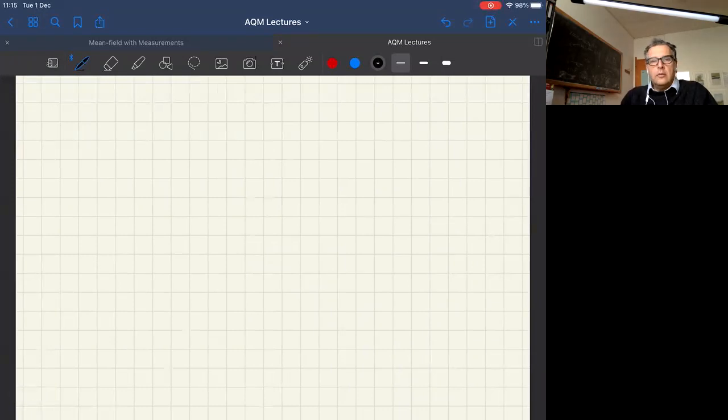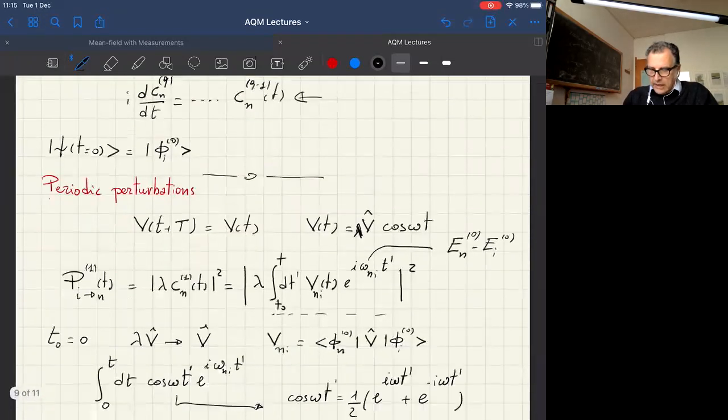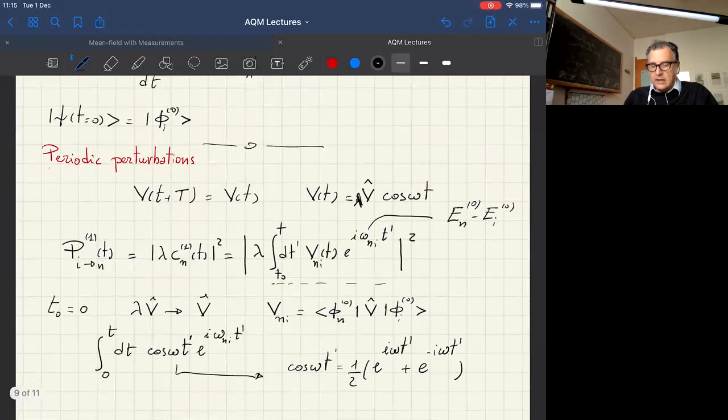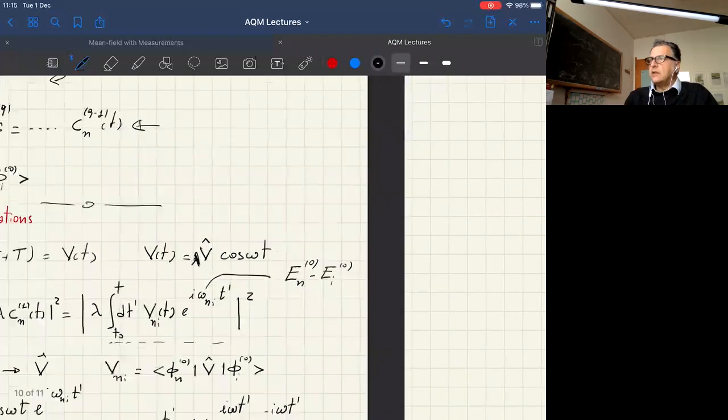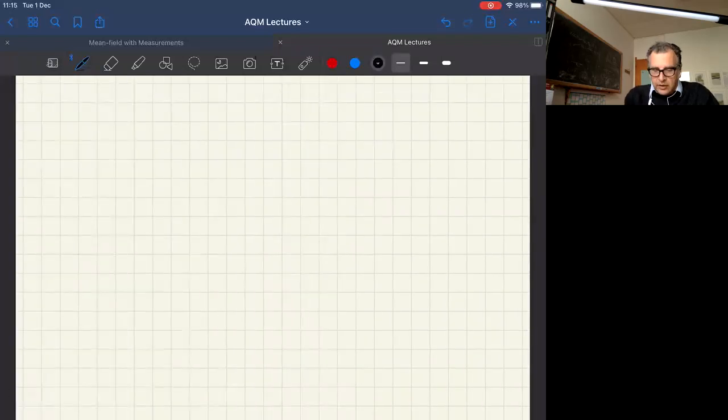Okay. So look, now the integral is simple. You just have to do the integral of an exponential. So if you put everything together, the result that you get is the following. So I just write, and then you tell me if there is something that you need to discuss.